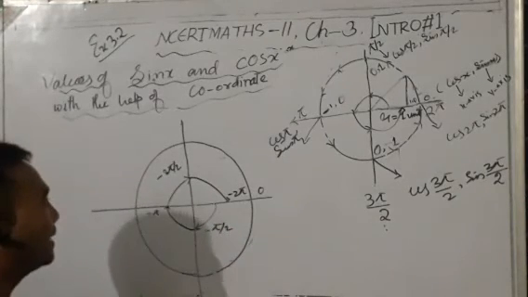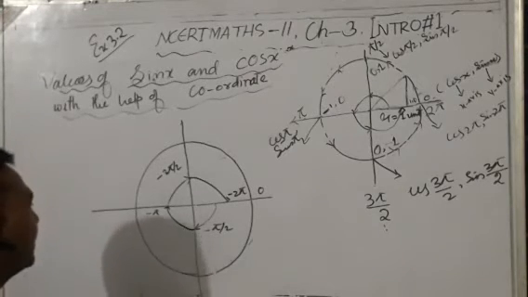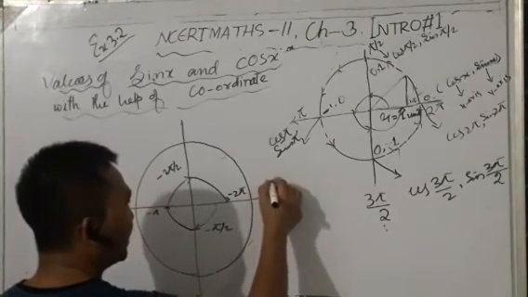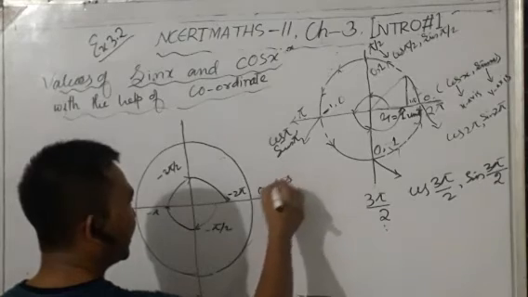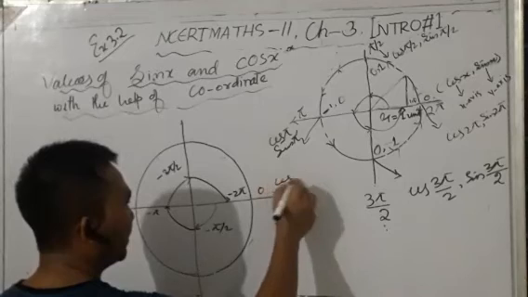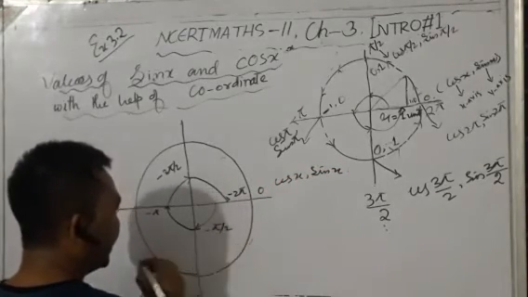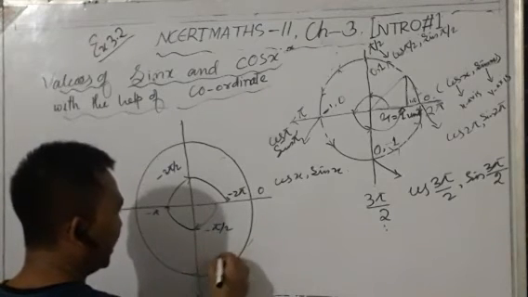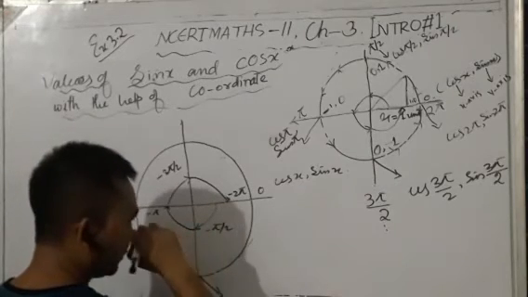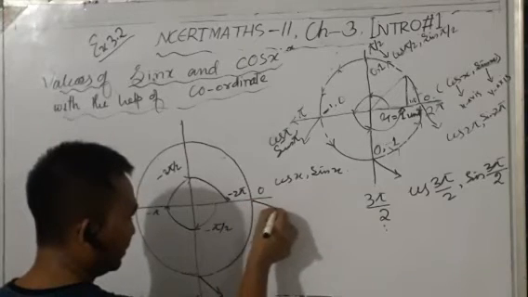Okay, let me write the coordinates. At this point it will be cos x and sin x, it will remain the same. And then here, how much will it be?